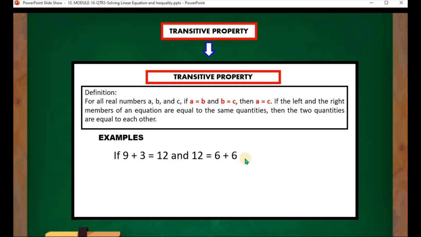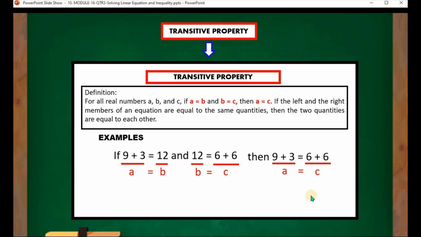In this case, yung first given natin, siya si A. Yung second given, siya si B. And the third given ay si C. Kung si A ay equal kay B at si B naman ay equal kay C, therefore, pwede natin makonclude na si A ay equal din kay C, because they are all equal.